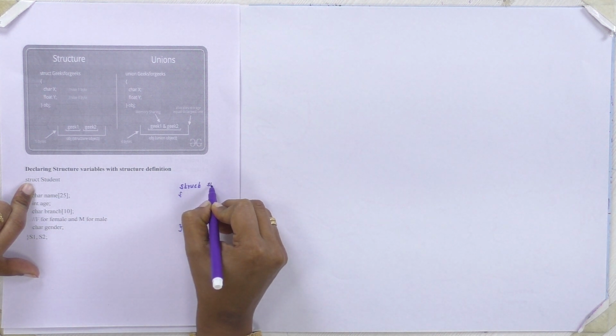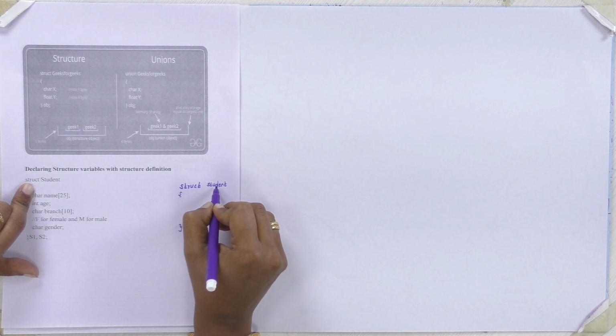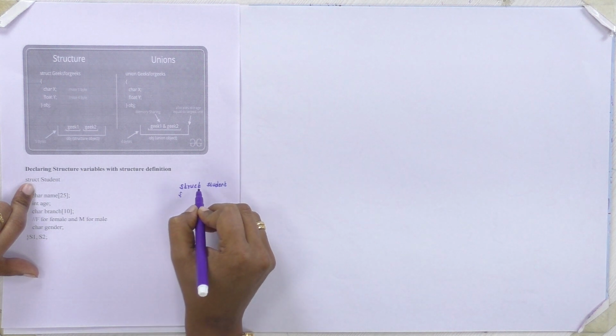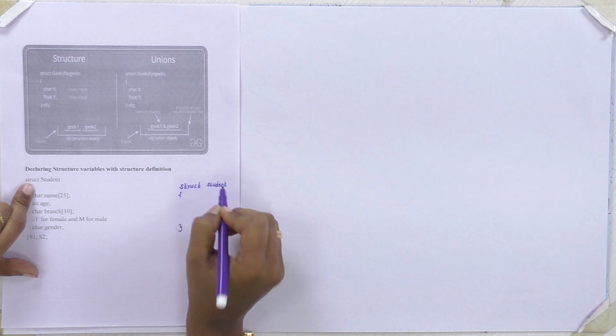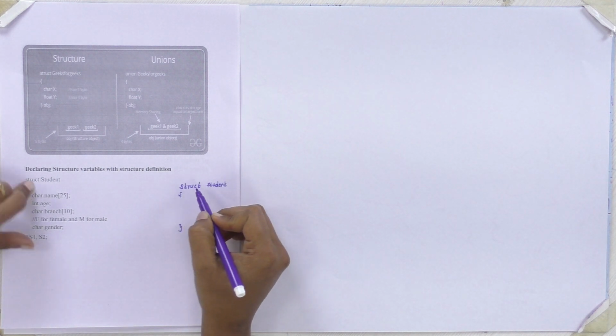For example, student. So student is a user defined name which defines the structure. The compiler will understand student as the structure.